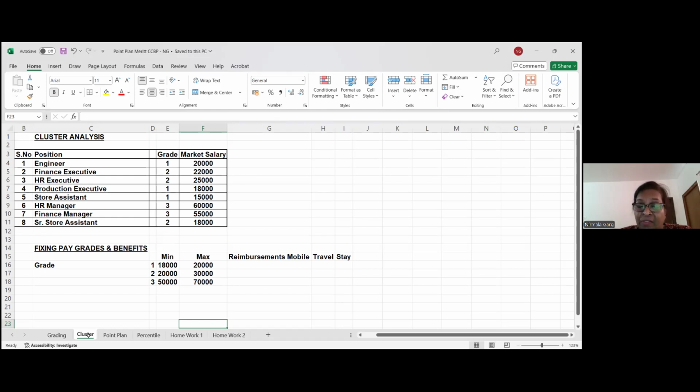I'm sure everybody understands what market data is. That means you have to collect what the market is paying for a position called an engineer in this manufacturing organization. So you have to get market data of a similar peer company. And in today's times, you have published data, you have paid data, you can get it from both sources.